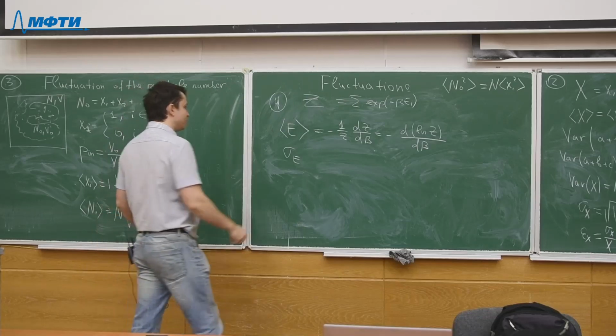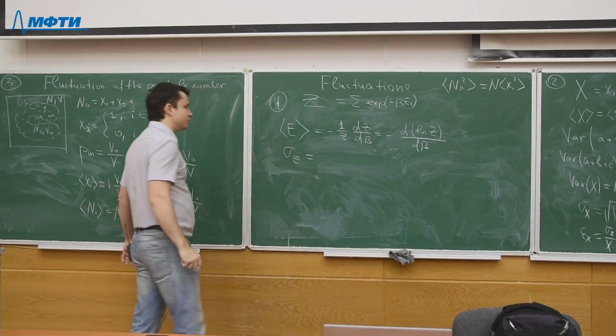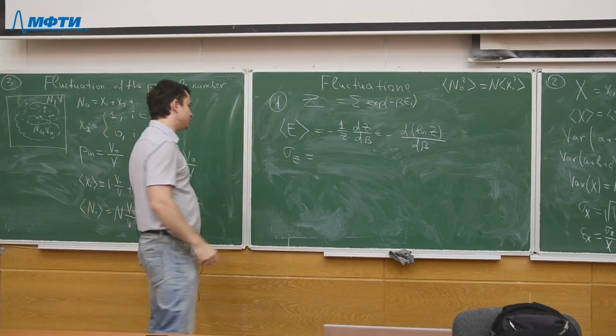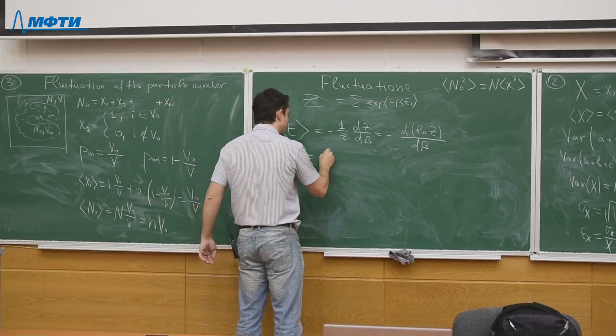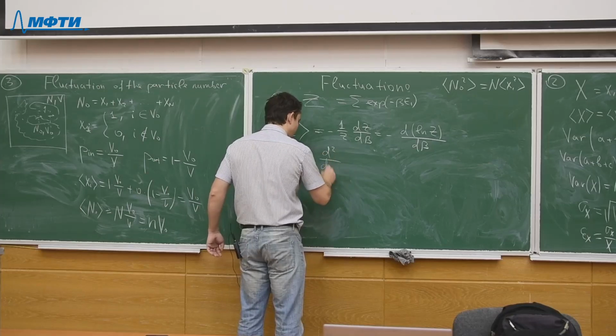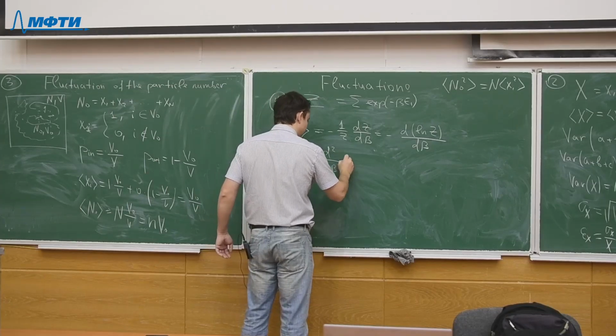Once again, I'm going to use the same trick which I have shown you for the Maxwell distribution, in which I calculated the variance of energy as the second derivative of the logarithm of z.